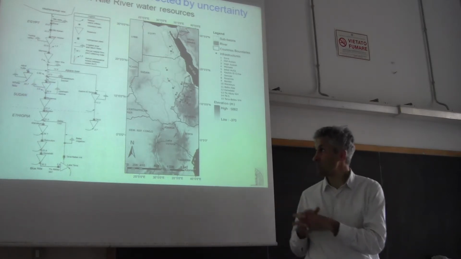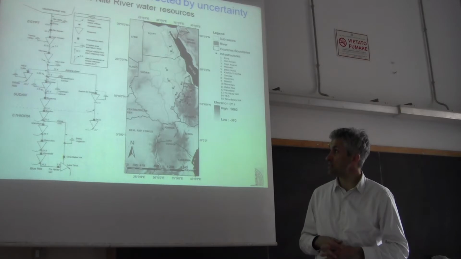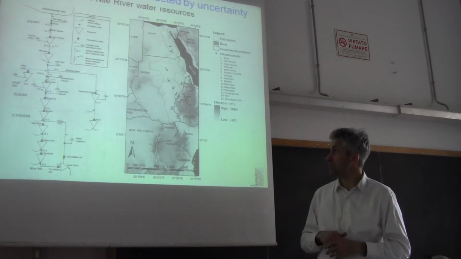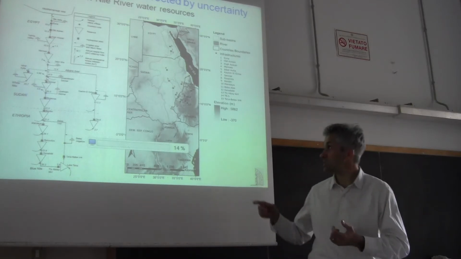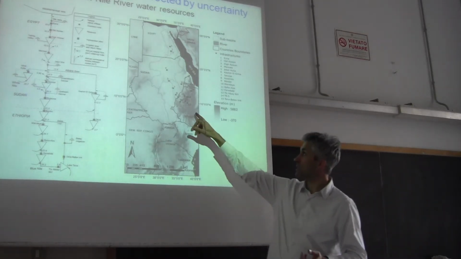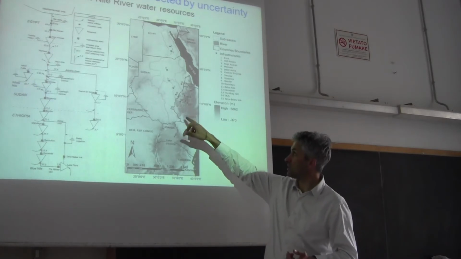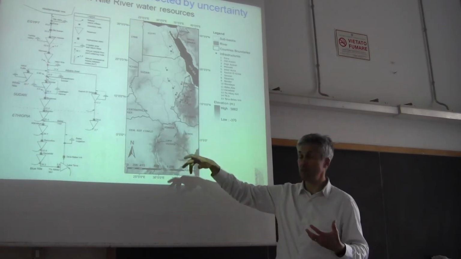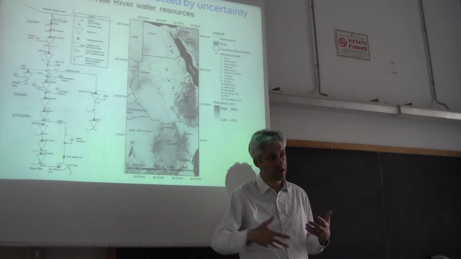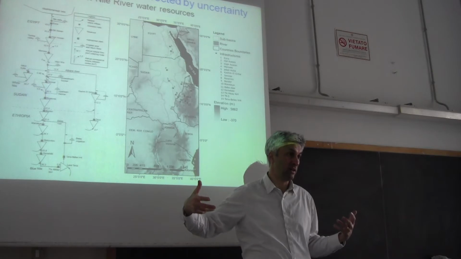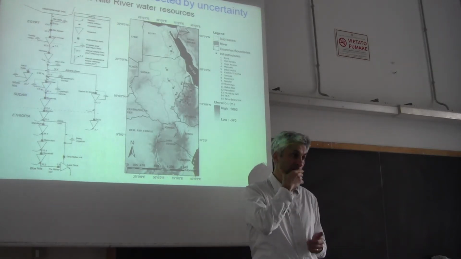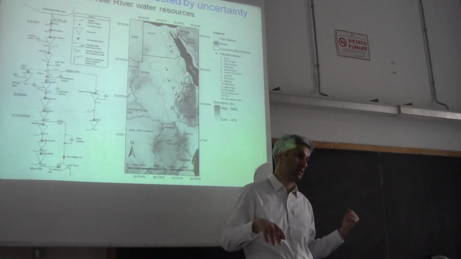So let me make the example more specific of the Nile River. There are several states which insist over the Nile River, and the most important, meaning the most important in terms of usage of water resources, are Ethiopia here, and Ethiopia is important because a very important reach of the Nile River is the Blue Nile, and the Blue Nile originates from the Ethiopian mountains.